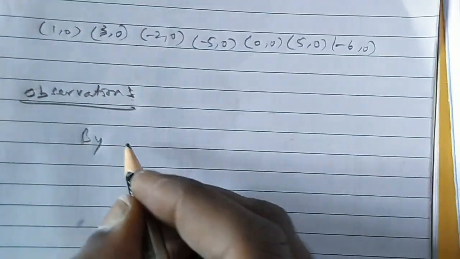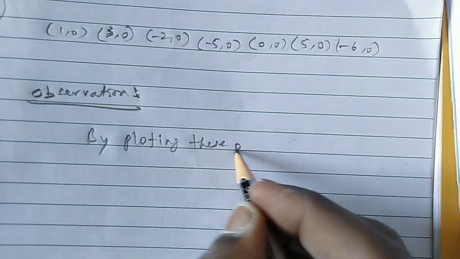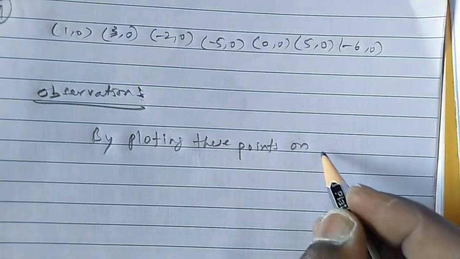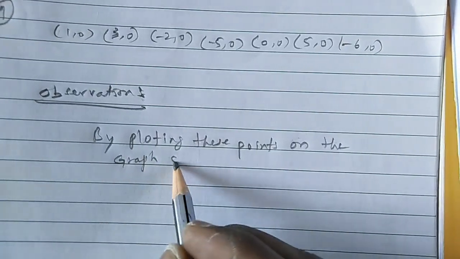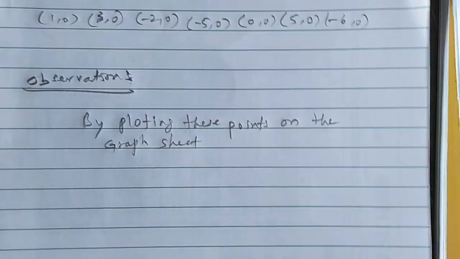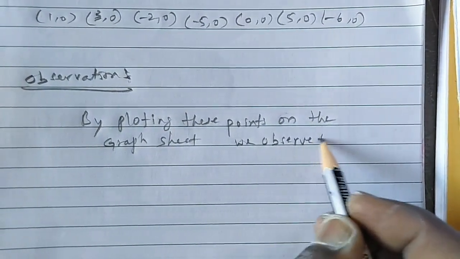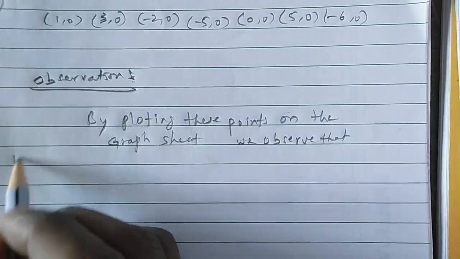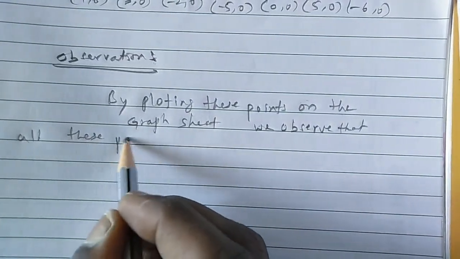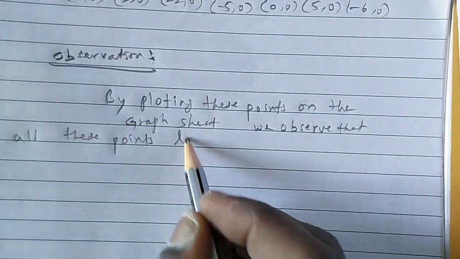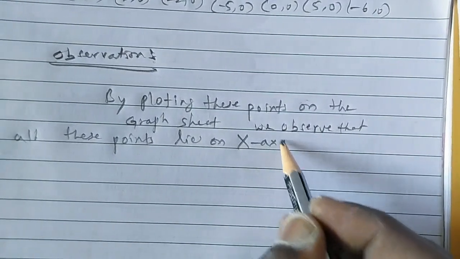By plotting these points on the graph sheet, we observe that all these points lie on the x-axis.